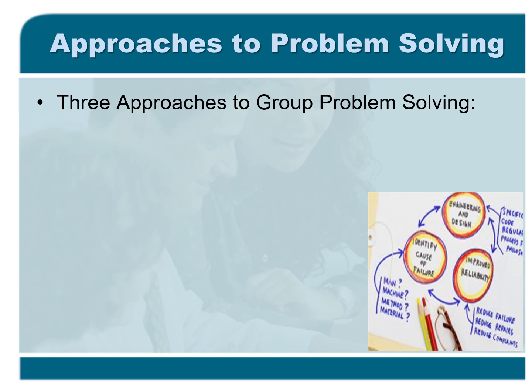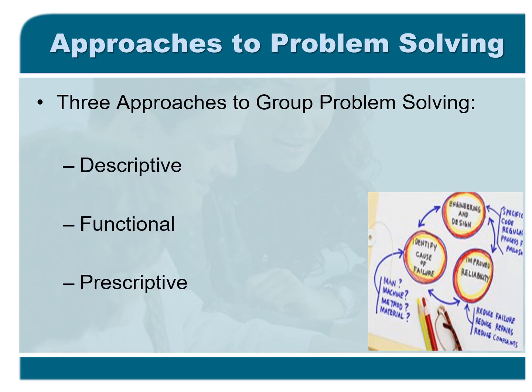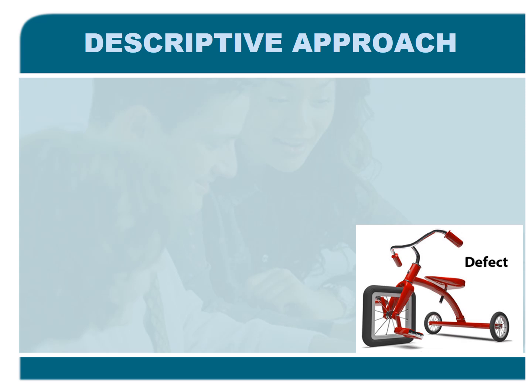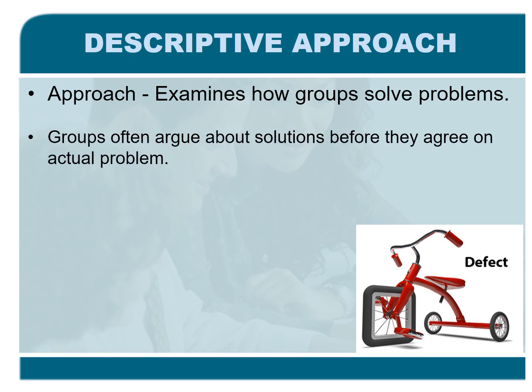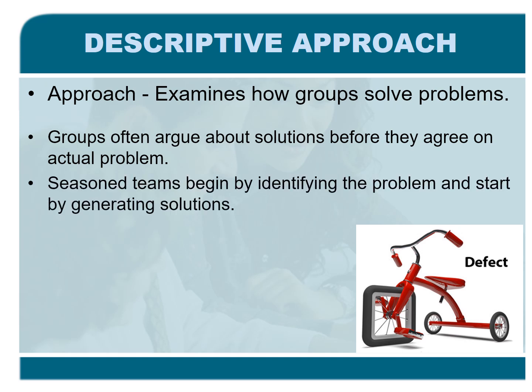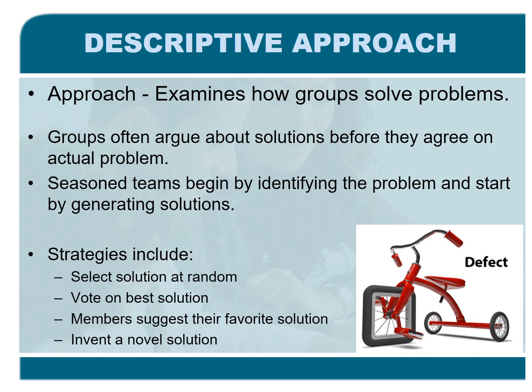Three approaches to group problem solving: descriptive, functional, and prescriptive. The descriptive approach examines how a group solves problems. Groups often argue about solutions before they even agree on what the actual problem is. Seasoned teams begin by identifying the problem and then start generating solutions.